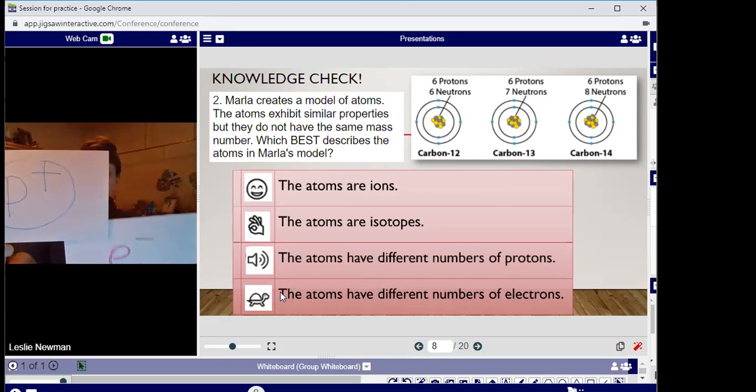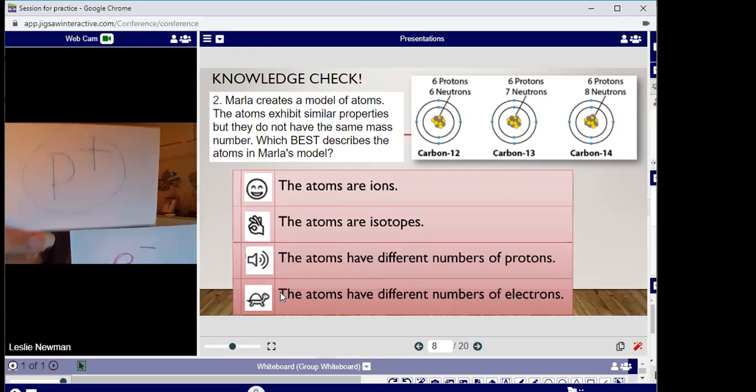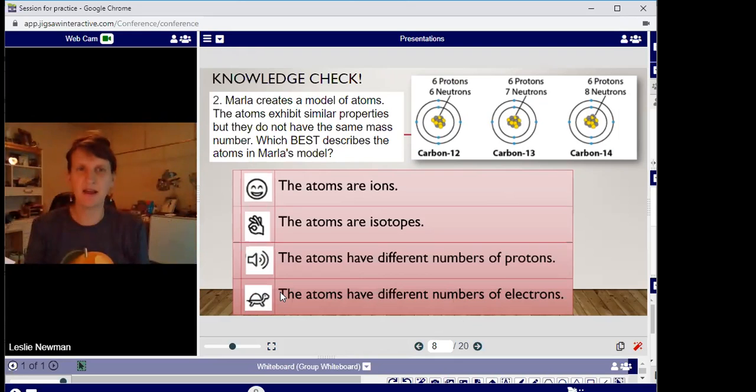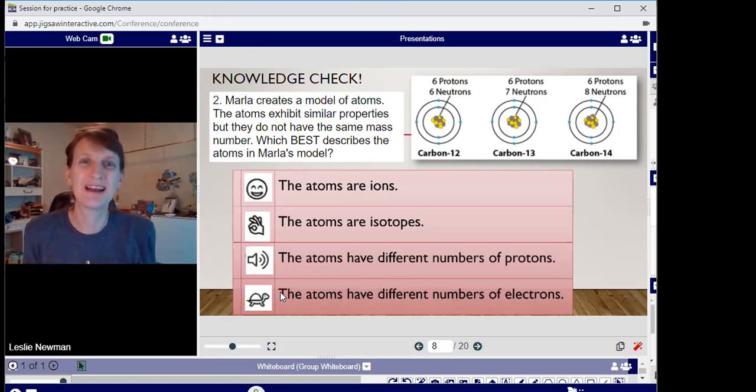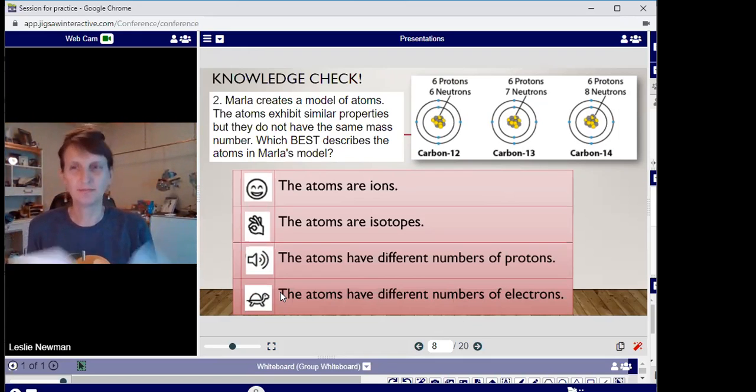If you lose electrons, you become a positive ion. Since these all have equal numbers of protons and electrons, they cannot be ions. So even if you don't know what an isotope is, you can get to that answer by elimination.